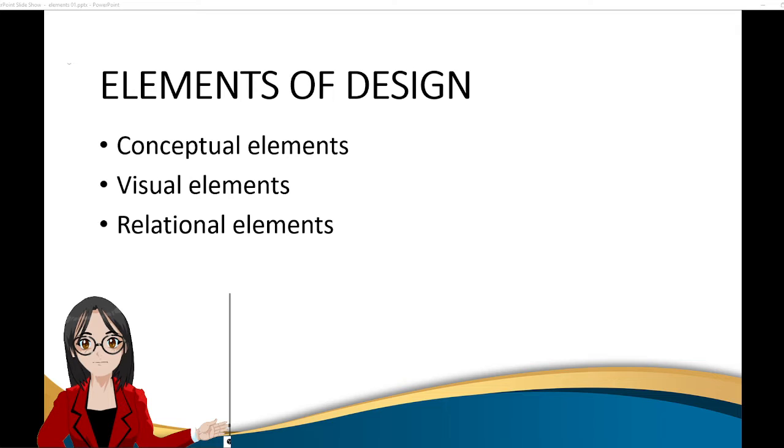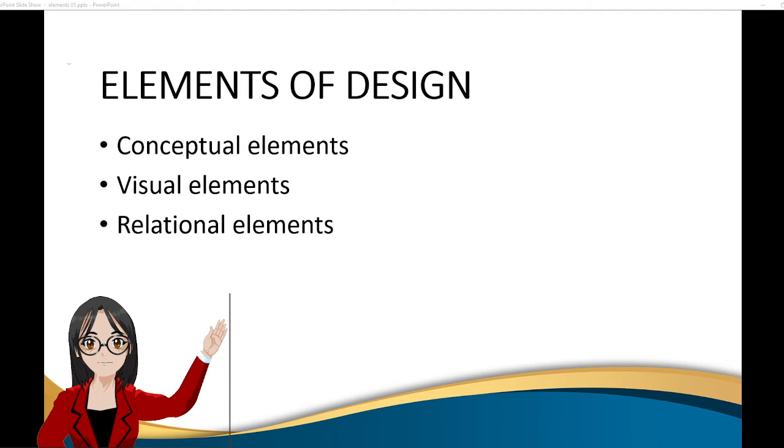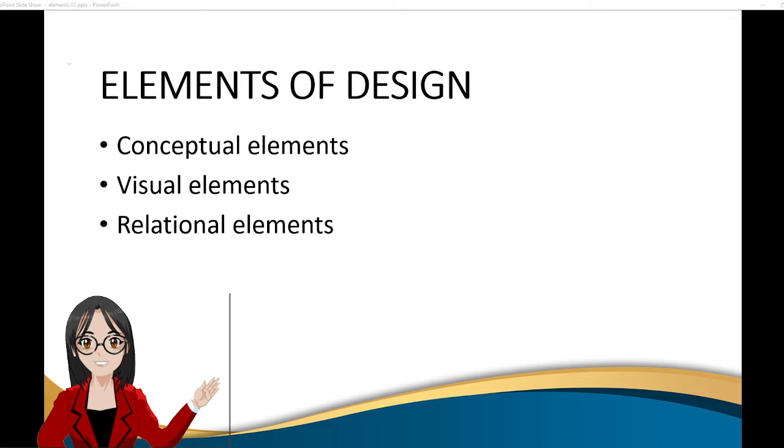Okay. First, we have the conceptual elements, second, the visual elements, and then the relational elements. We'll look at the difference between conceptual, visual, and relational elements. So, let's proceed.